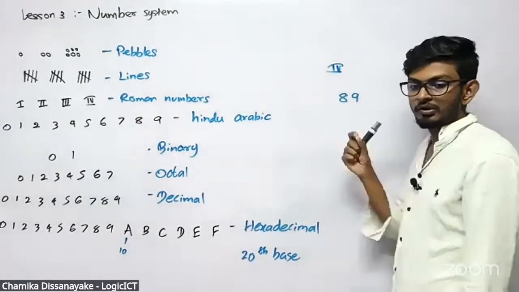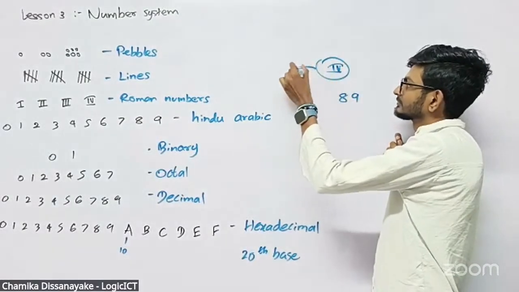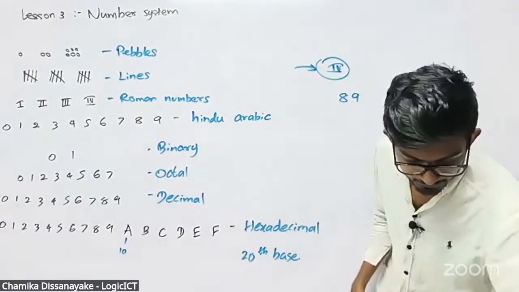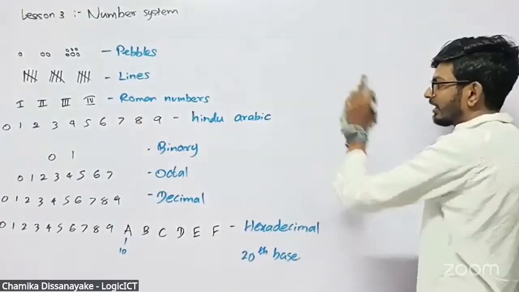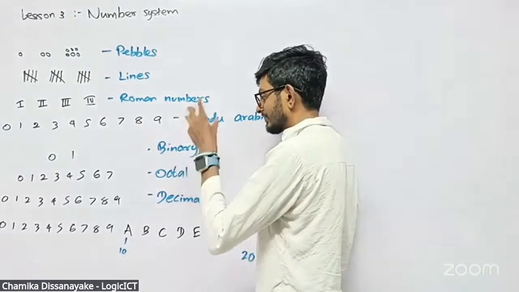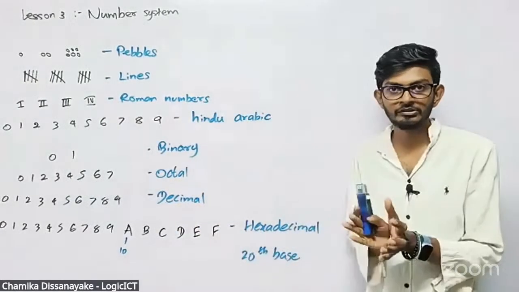But the thing is, you are a Roman student, that means you can only understand this one. Likewise, guys, our computer system can only understand the binary number system. But we are going to use octal, decimal, and hexadecimal also in our computer system.